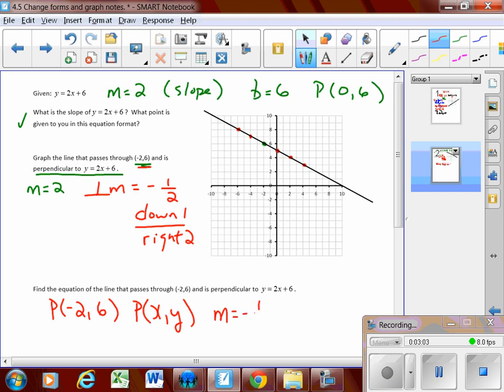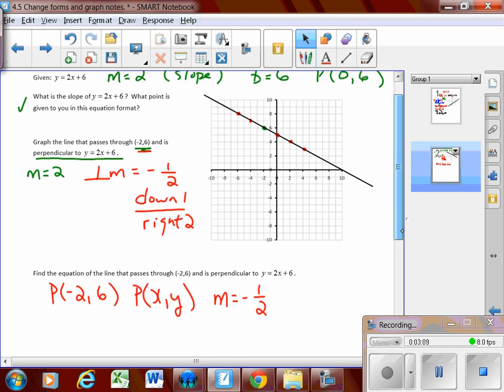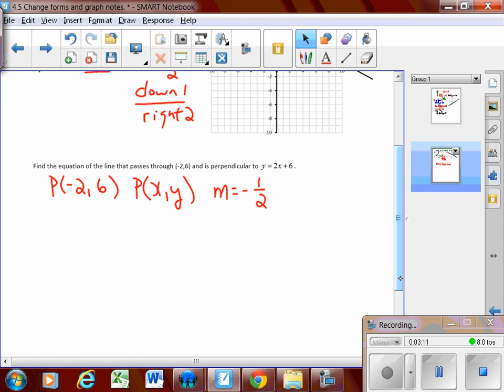So I'm going to use a slope of negative 1/2. Whenever I want to find an equation, I have to work with those three things. Now it doesn't tell us what format we want to have our equation in. So let's go with general format.